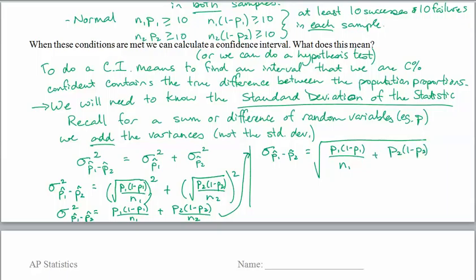This is given on your equation sheet in the two-sample table. So that's what we will use for our standard deviation of the statistic. However, of course, we don't know what the true proportions are. We just have our sample proportions. So instead of the standard deviation, we will use the standard error, and instead of the parameters P1 and P2, we will use the statistics P1 hat and P2 hat.